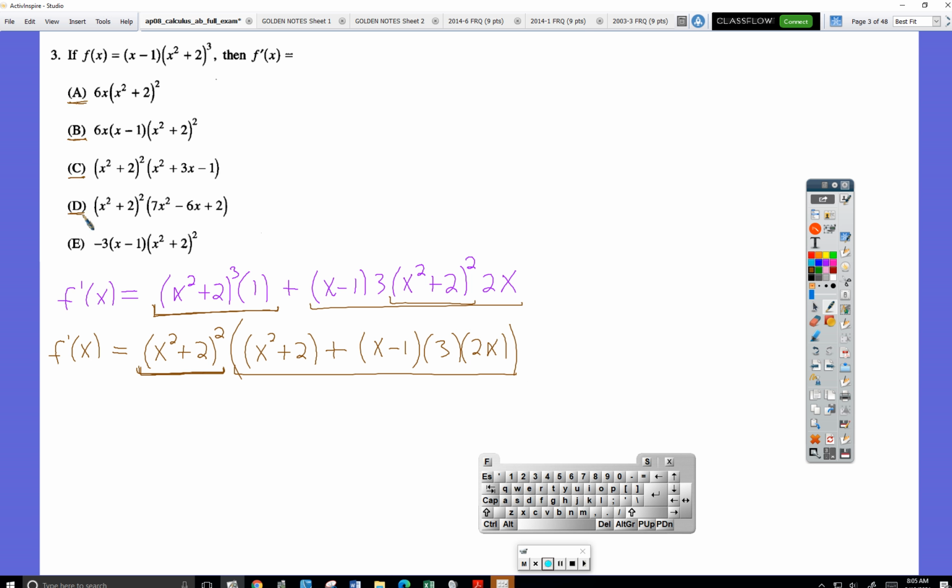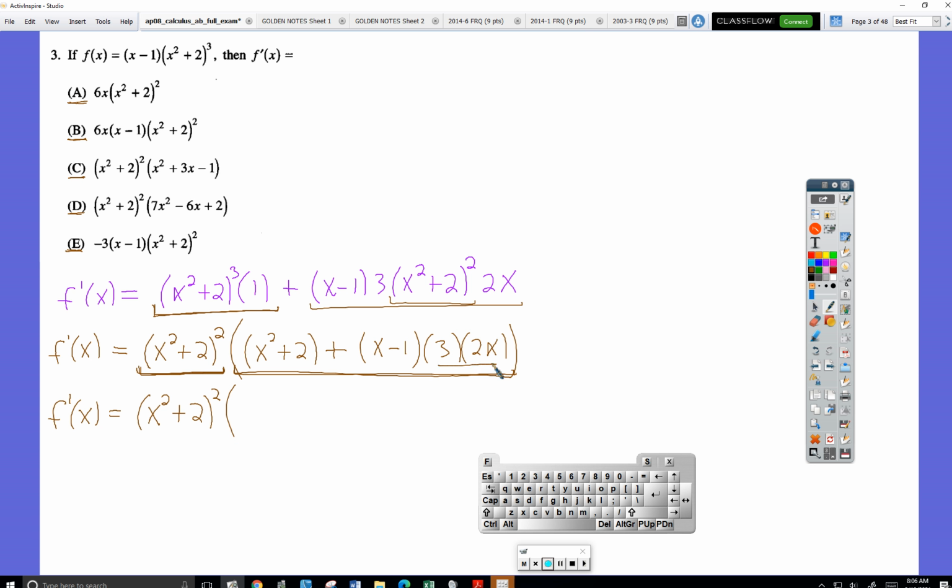So it looks like all I have to do now is clean up the insides here. So f prime is going to equal. Good notation is not a requirement on the multiple choice test, but I believe strongly it will prevent errors. So I still try to use good notation. I just don't stress about it because I know no one's going to be looking at it but me.